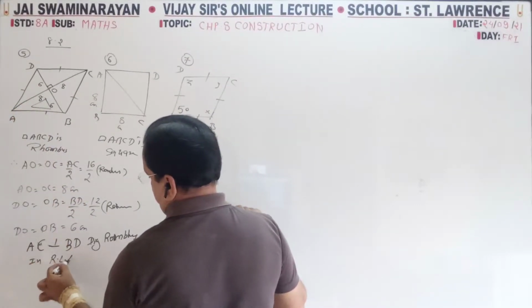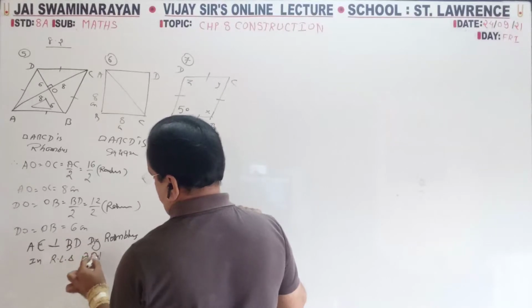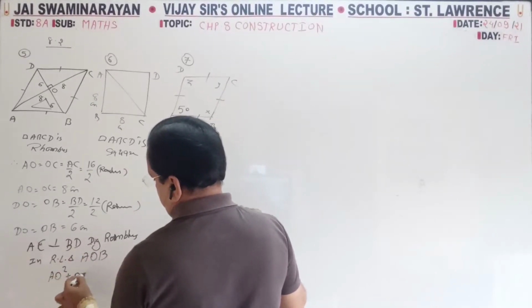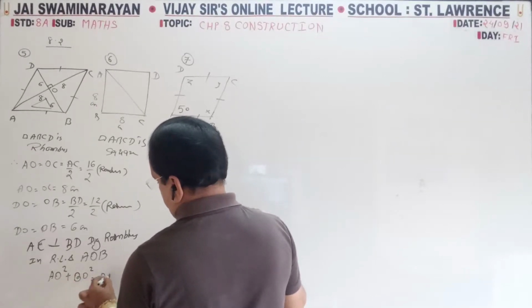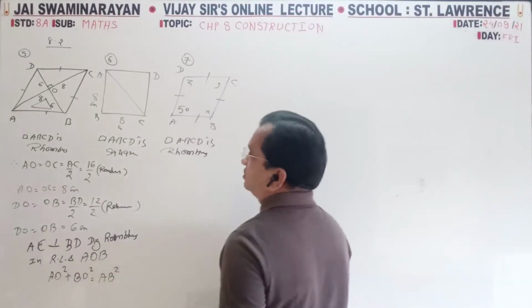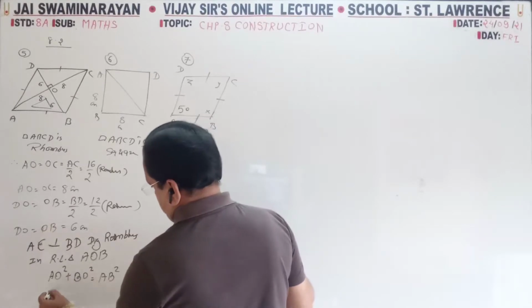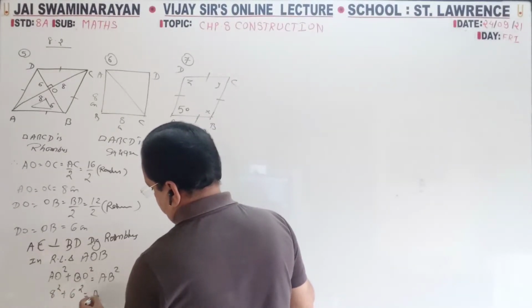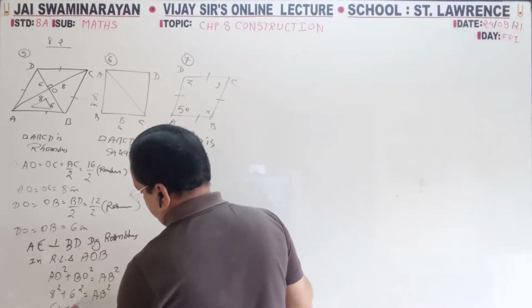In right angle triangle AOB, AO square plus BO square is AB square. 8 square plus 6 square is AB square. 8 square is 64, 6 square is 36.